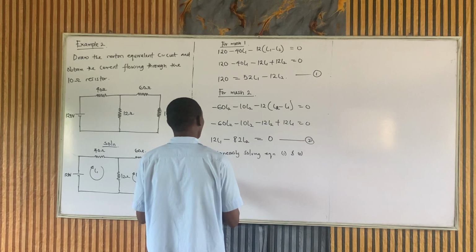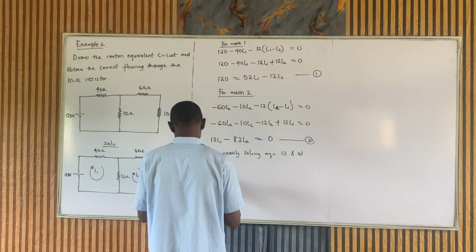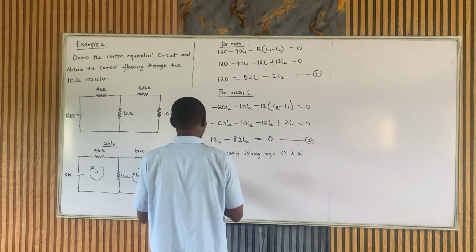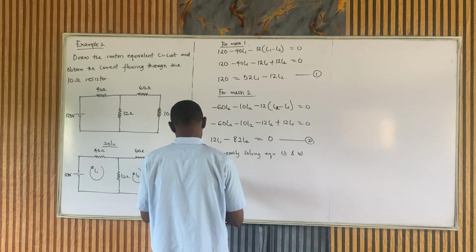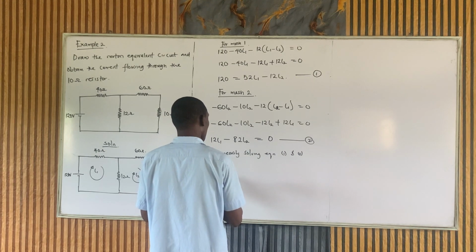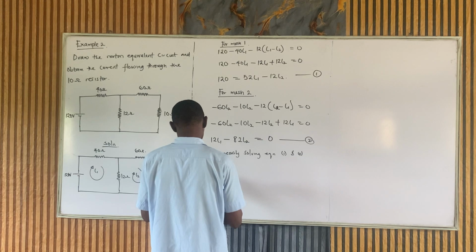So we have 52 I1 minus 12 I2 equal to 120. And then again we have 12 I1 minus 82 I2 equal to 0.